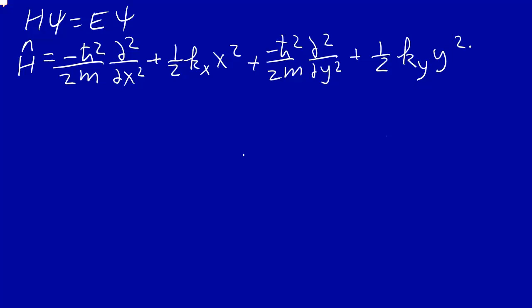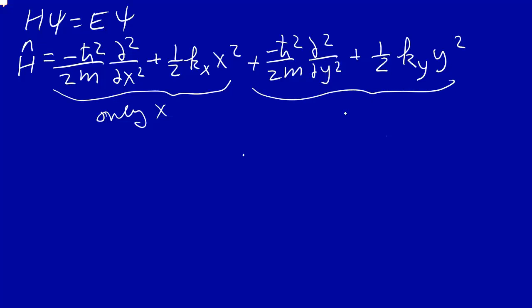There's the Hamiltonian. Now, if we take a look at this, we see that this section of the Hamiltonian contains only the x variable, and this contains only y. So this suggests that the Hamiltonian is set up in such a way that we can immediately separate out variables.